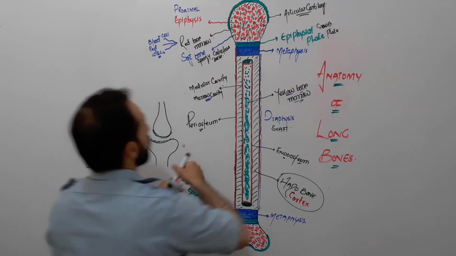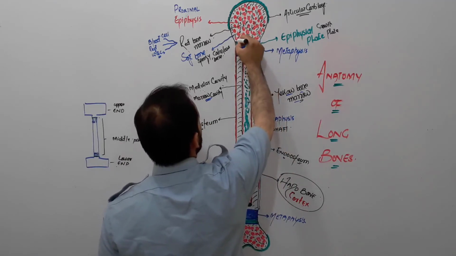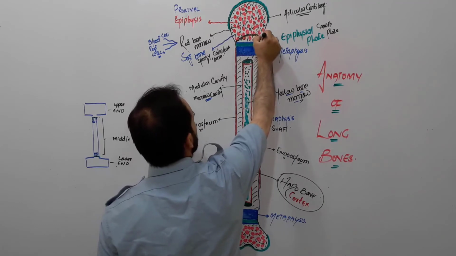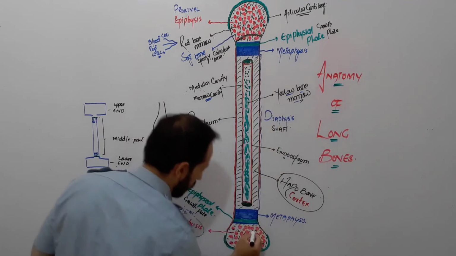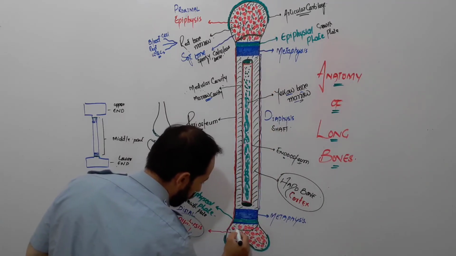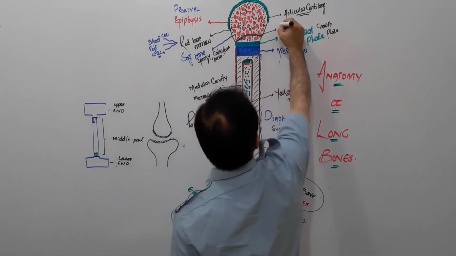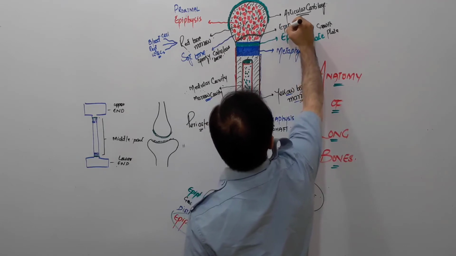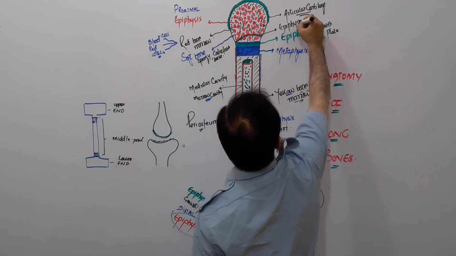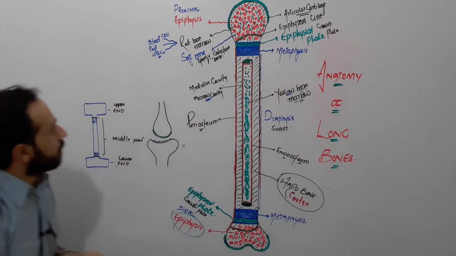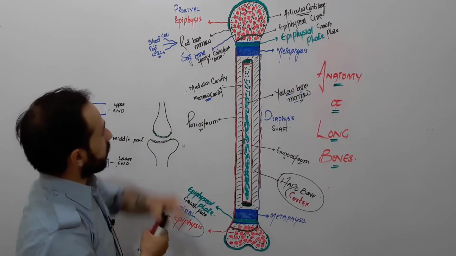And one thing more, here we have a line which is called the epiphyseal line, right? Let me name it also here. This is epiphyseal line. Right, friends. So I hope you understand the anatomy of the long bone.